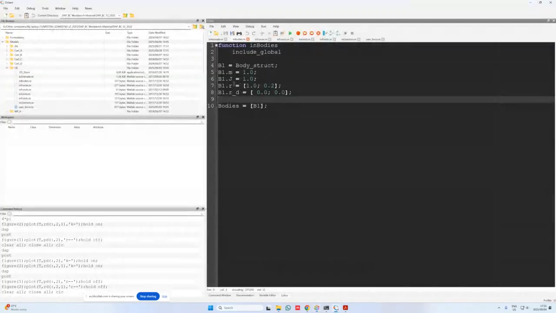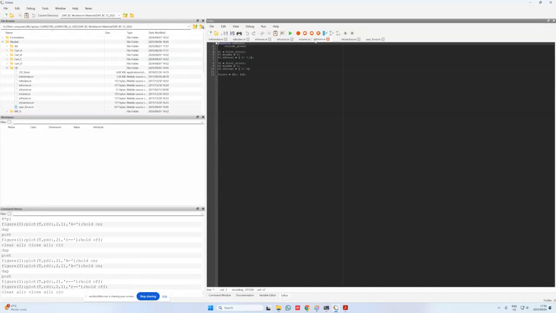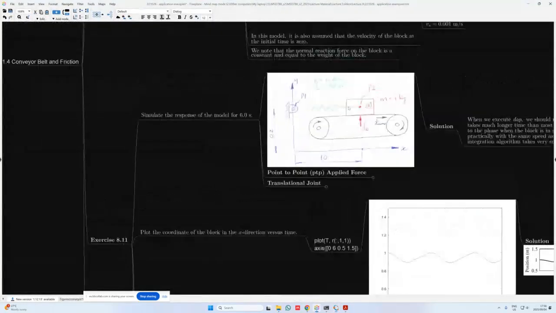Right, so I only consider body 1 in this case, with all of its coordinates and masses and velocities given. Then I also have in points. Now, if I quickly look back at the model that I have over here, I'm going to need at least 2 points to facilitate the motion of the cart or the motion of the body in this case.